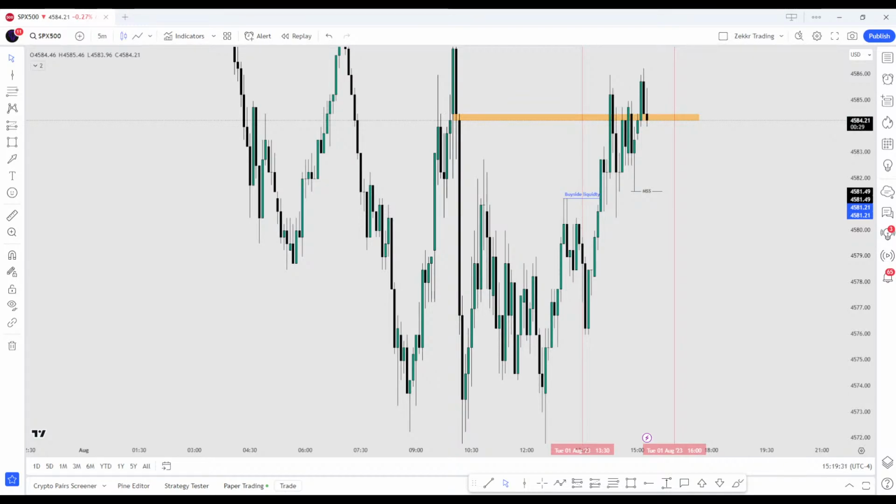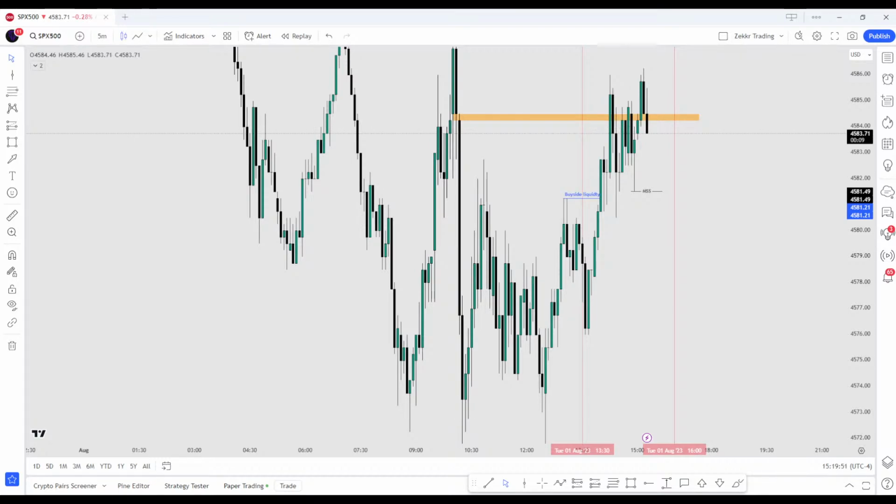How many lots do you usually use? Depends on my risk, as I said. If I risk 1%, I use 5 lots.